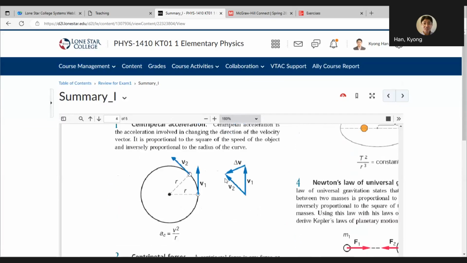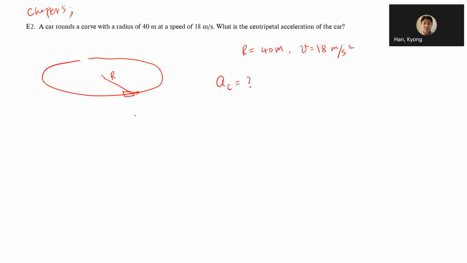So a_c equals v squared over r, where v is the speed of the car, 18 squared, divided by the radius, 40. Once you calculate this, it is 8.1 meters per second squared. It is acceleration, so its unit is meters per second squared.